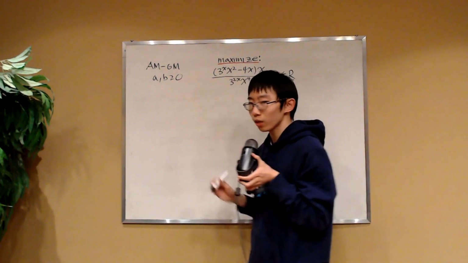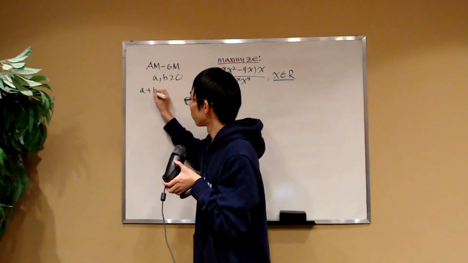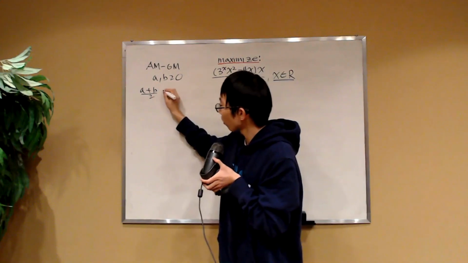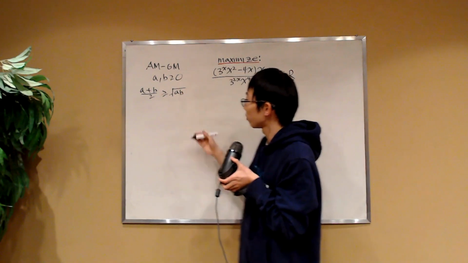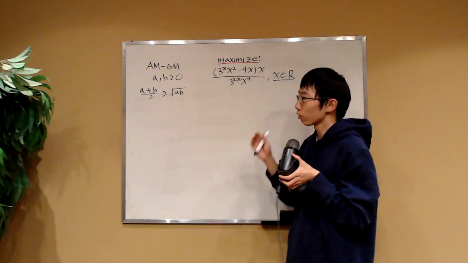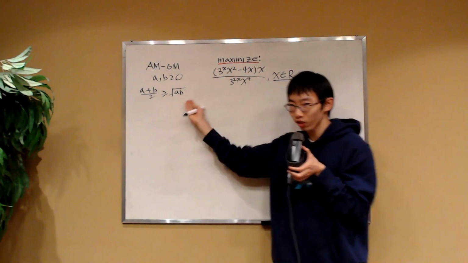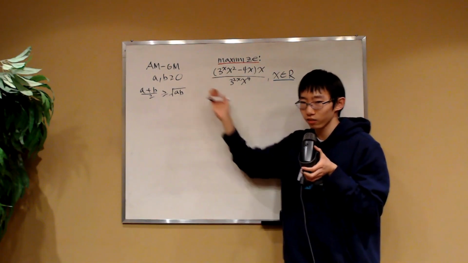Then the AM-GM inequality tells us that the arithmetic mean of the two numbers, that is, their average basically, is always greater or equal to the geometric mean of the same two numbers. So that would be the square root of ab this time. Hence AM, arithmetic mean, GM, geometric mean, inequality. And this always holds as long as they're both non-negative.